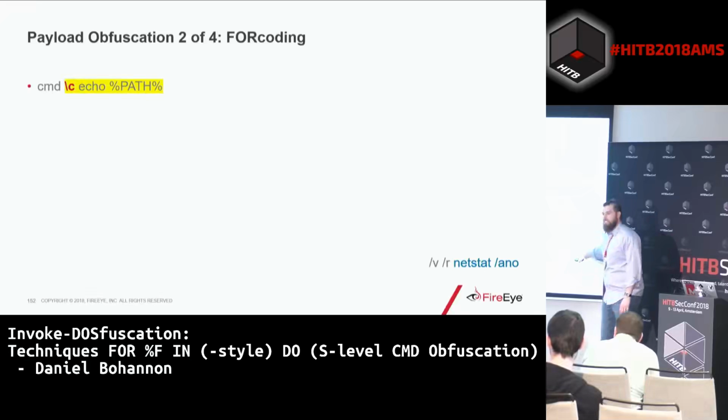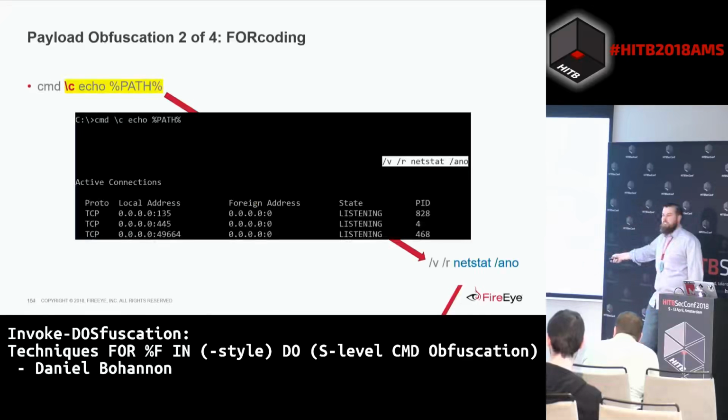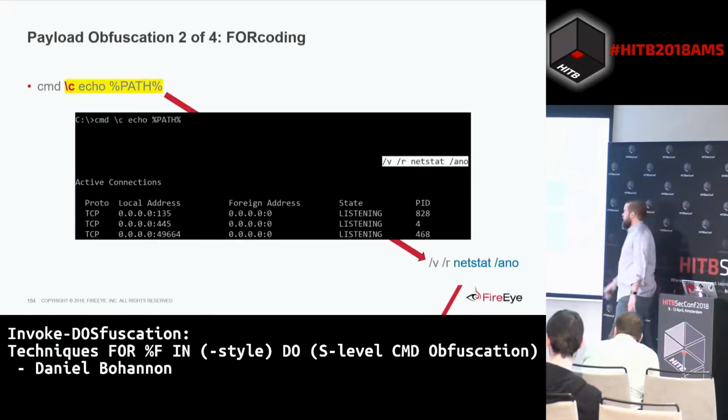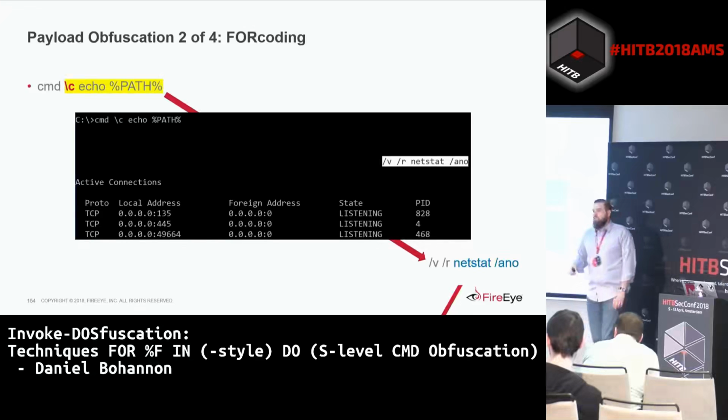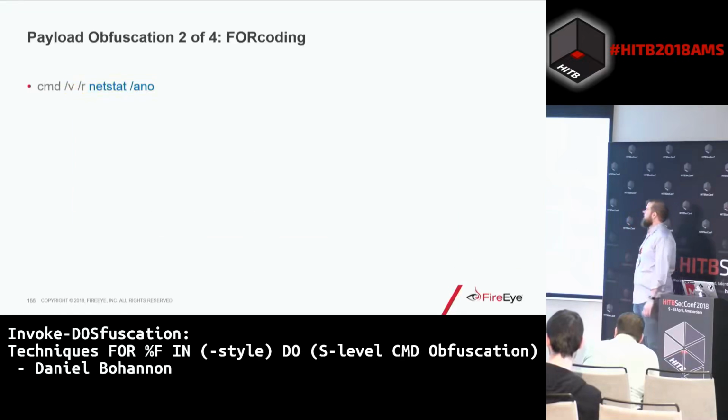So there's tons of white space here, and as long as we're staying underneath the 8,191 character limit of command.exe, we can do something like this. This is the actual command that gets run. So we paste that into command, and the only thing that comes out is netstat. If you're a defender scrolling through logs and you see command \C echo, you may keep going but not recognize that the horizontal scroll bar was that big because there's this command way out there. So text wrapping for the win.